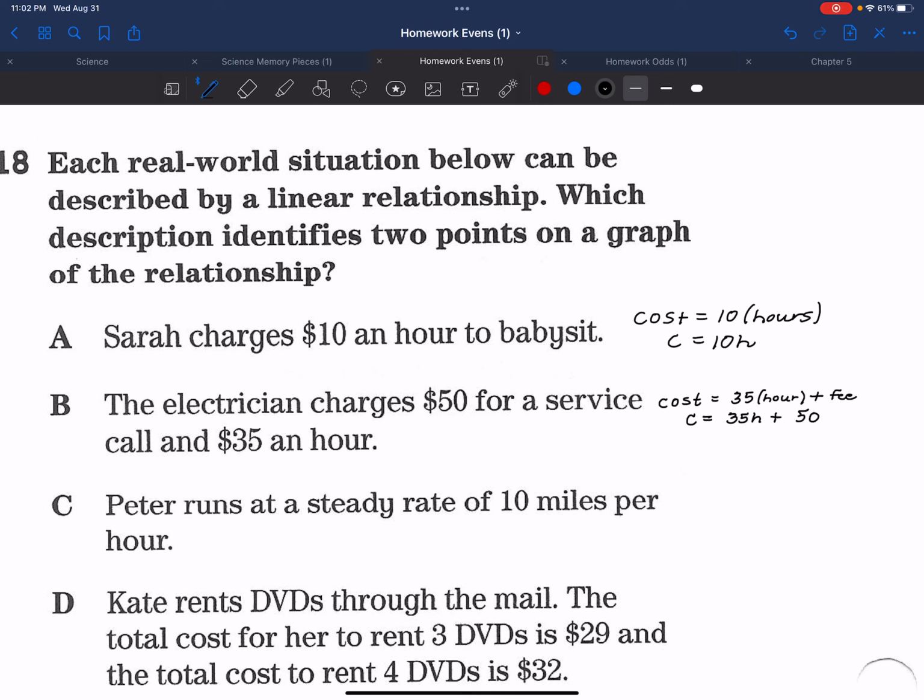Peter runs at a steady rate of 10 miles per hour. So miles equals 10 times the number of hours, or y equals 10x. It's a relationship, not a point.